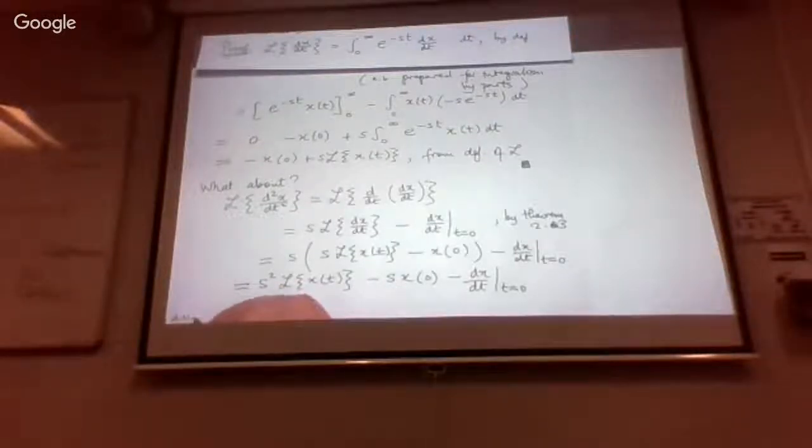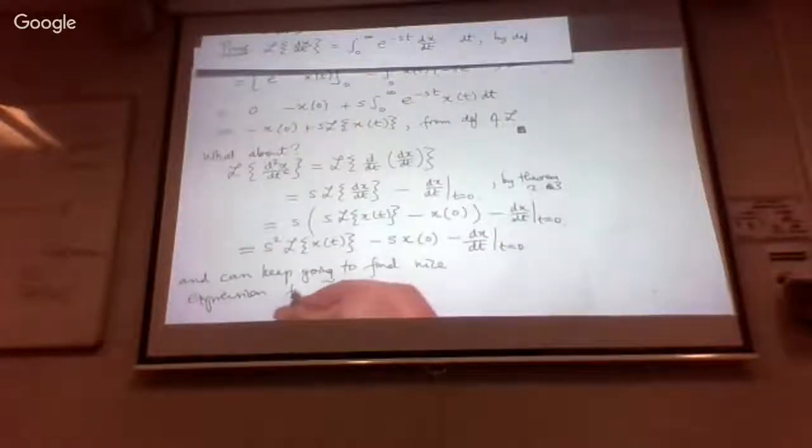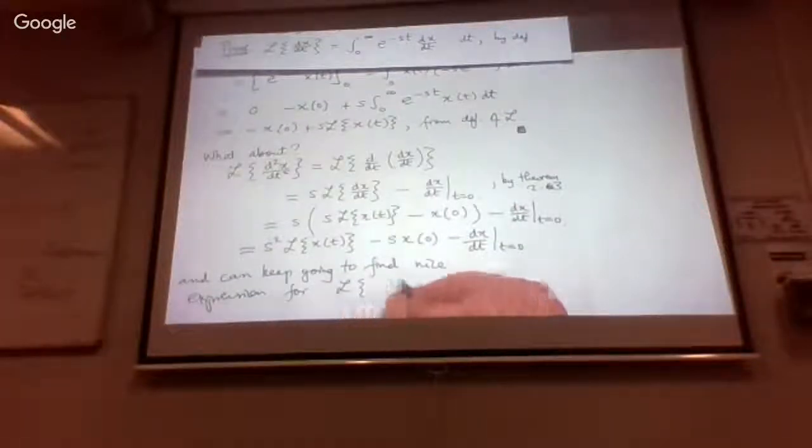And we can keep going to find nice expressions for the Laplace transform of any order derivative of x with respect to t.